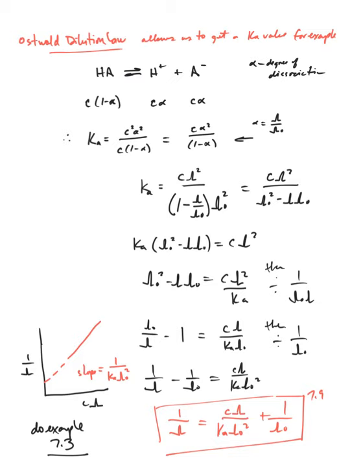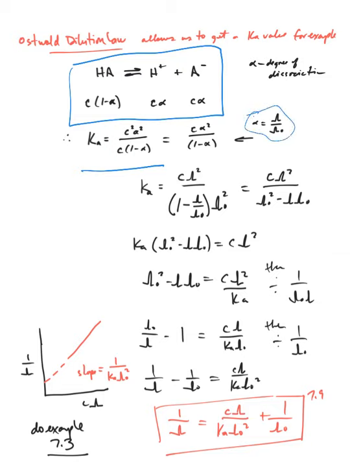He basically defined the weak acid almost like a version of an ice table, in which you have some initial concentration, and the degree of dissociation is going to be the fraction that dissociates. So those are the little alphas. Now the definition of a weak acid constant is the products divided by the reactants, and you could see that you could do some substitution and rearrangement here, and that's what goes on.